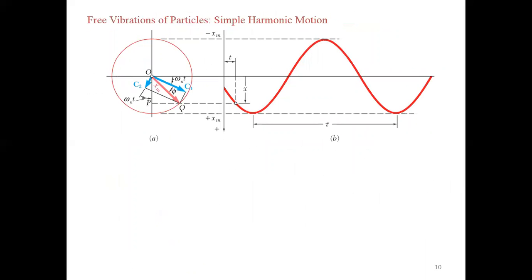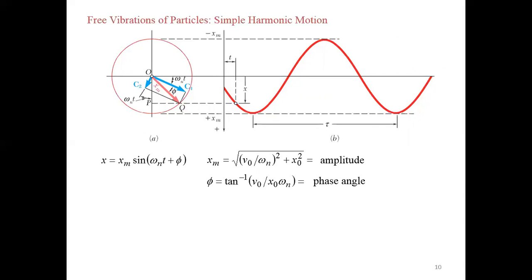Now simple harmonic motion for the single degree of freedom system is denoted as x is equal to xm sine of omega n t plus phi, and xm is equal to under root of (v0 by omega n) square plus x0 square, which is the amplitude of the simple harmonic motion, and phi is tan inverse of v0 by x0 into omega n, which is the phase angle.